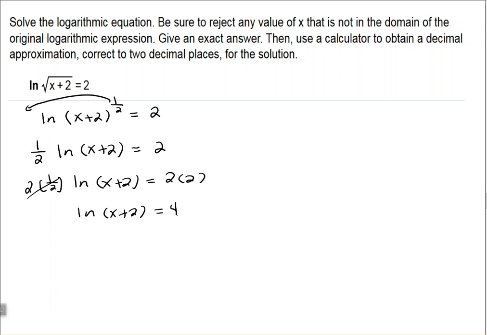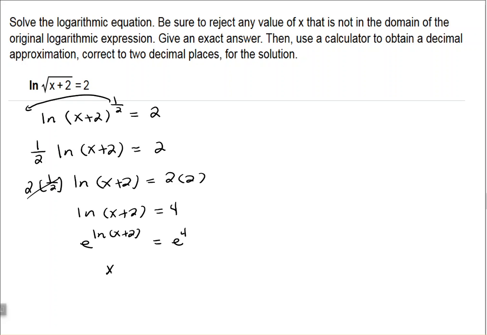So I'm at natural log of x plus 2 equals 4, and I need to get that x out from under the natural log. So here's where we introduce the base of e. I have e to the power of natural log of x plus 2 equals e to the 4th. What that does for me is allows me to use the inverse property, because e and the natural log are inverses of each other.